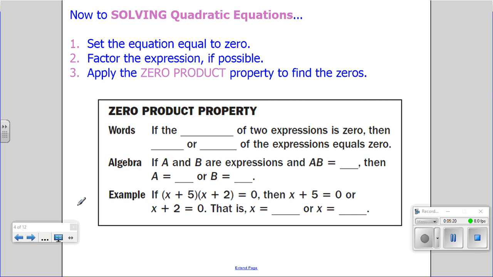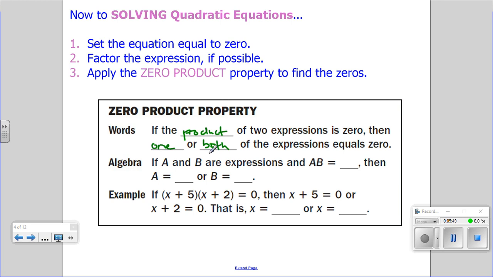So now when we're going to solve equations by factoring, we first set the equation equal to 0. Then we factor the expression if possible and apply the zero product property to find the zeros. So in words, if the product of two expressions is 0, then one or both of the expressions equals 0.